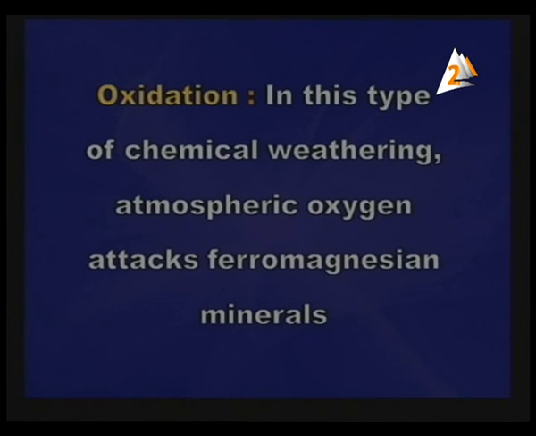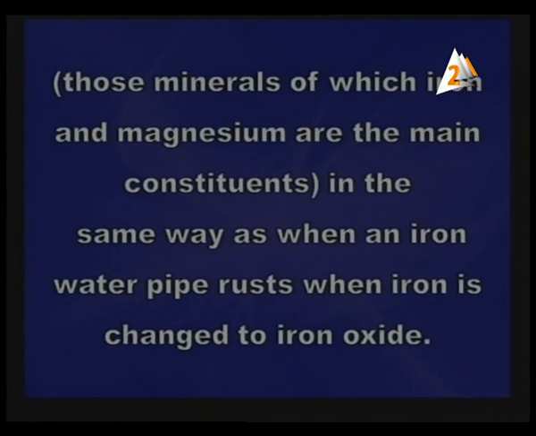We have also oxidation in this type of chemical weathering. Atmospheric oxygen attacks ferromagnesium minerals, those minerals of which iron and magnesium are the main constituents, in the same way as when an iron waste pipe rusts when iron is changed to iron oxides.